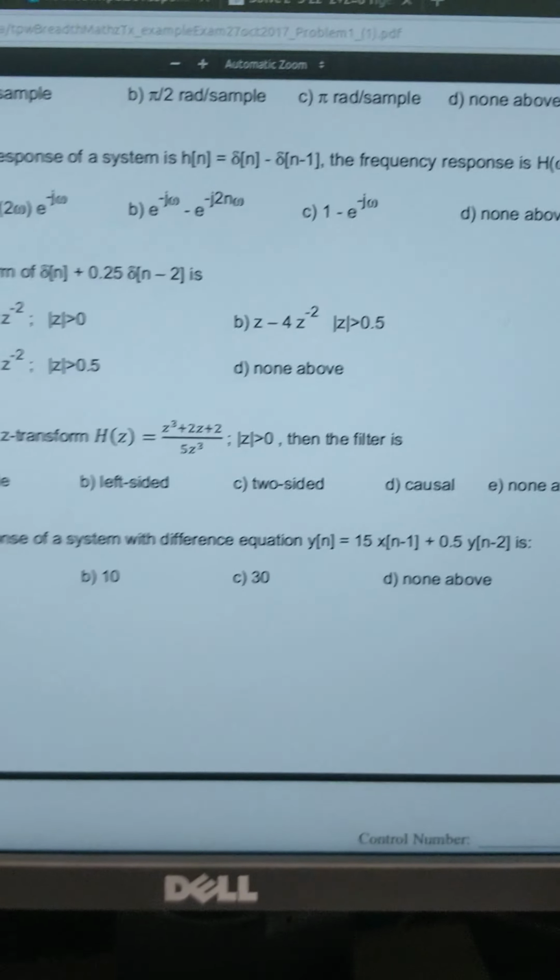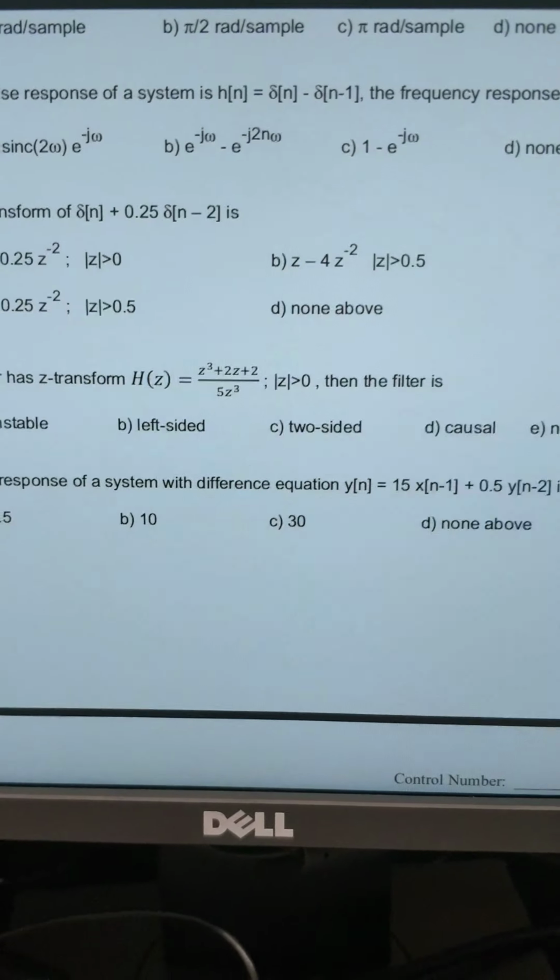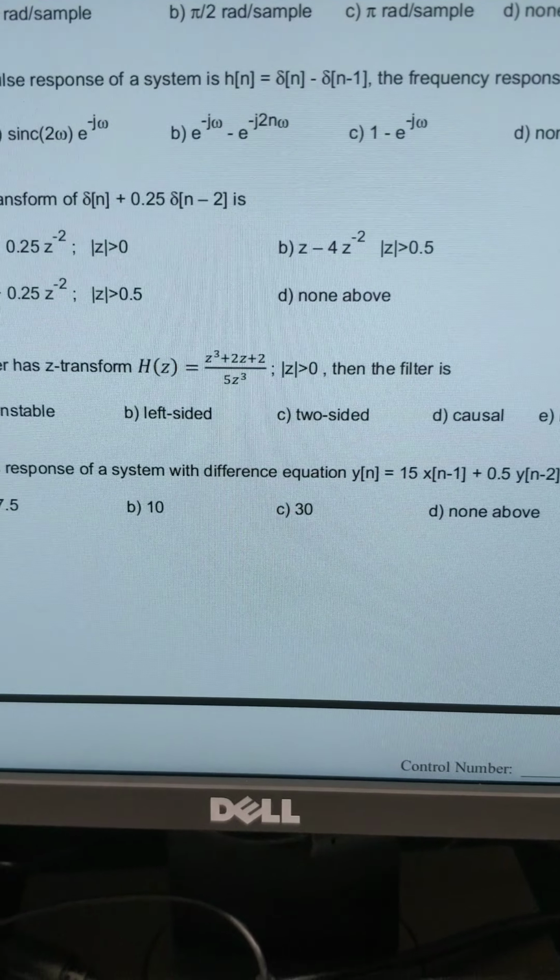Now, just for definition's sake, what would a left-sided system look like is a good question. So when you look up what a left-sided solution would look like, you would see that your region of convergence must be inside your innermost pole. So let's say the region of convergence was z greater than 0.5.